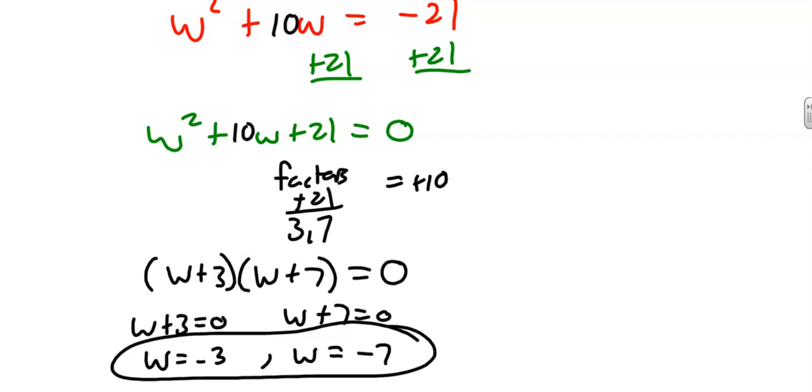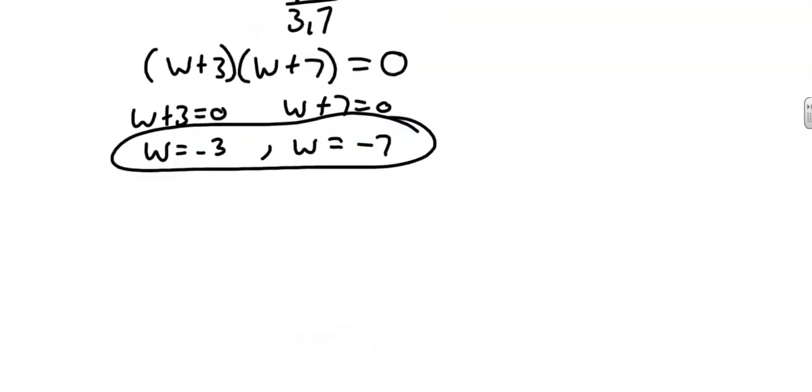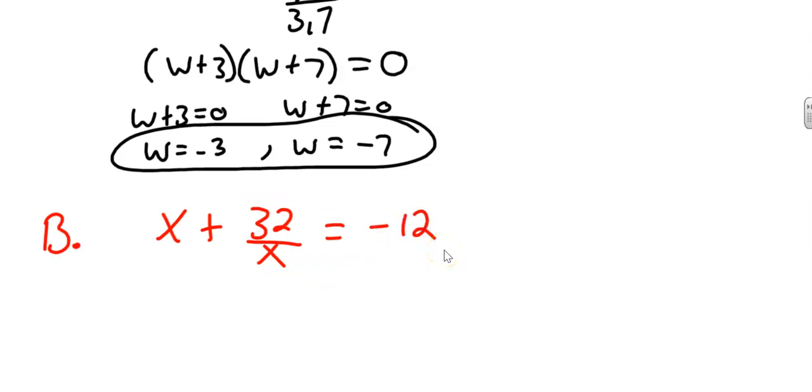Okay, let me give you one more of those with some correct numbers that I didn't quite mess up, so we can make sure we get it. Okay, so x plus 32 over x equals negative 12. Okay, and again, there's not a complex denominator.